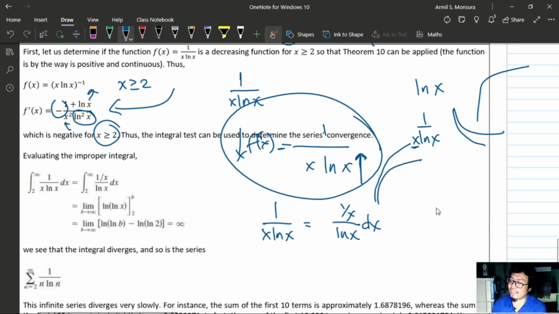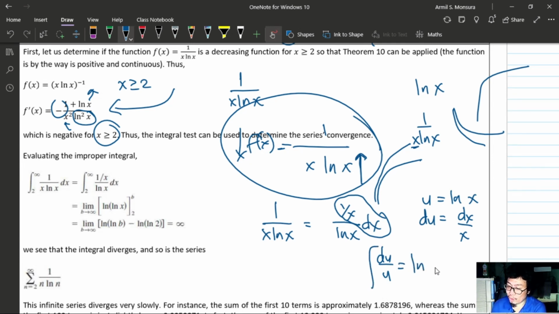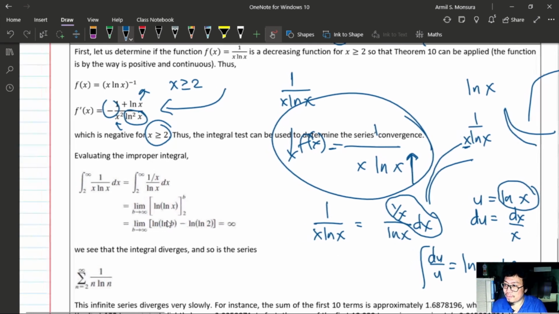We recall that if we let u be the natural logarithm of x, its differential du is dx over x. So as you can see, this is du, this is your u. So this is in the form of du over u, and its integral is the natural logarithm of u plus c. But u is the natural logarithm of x. So therefore, you would have something like this as its integral.